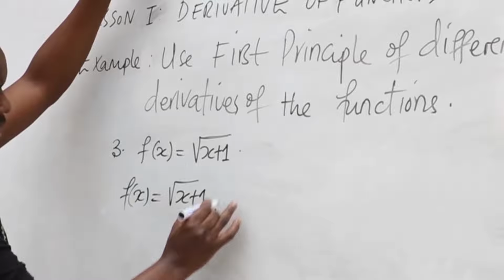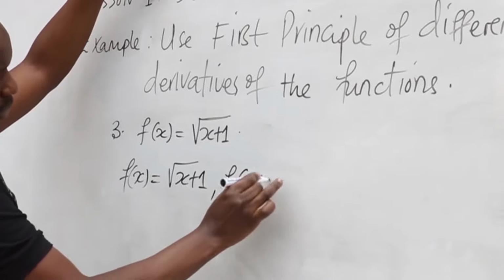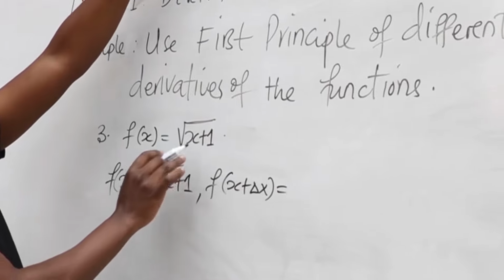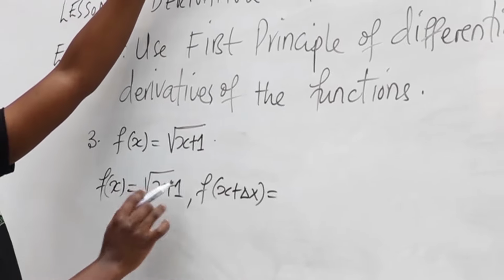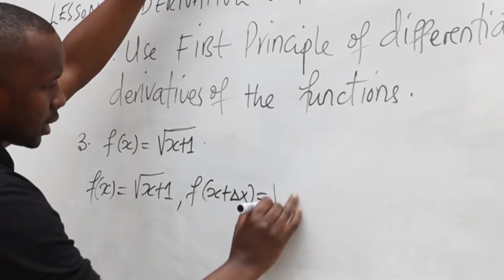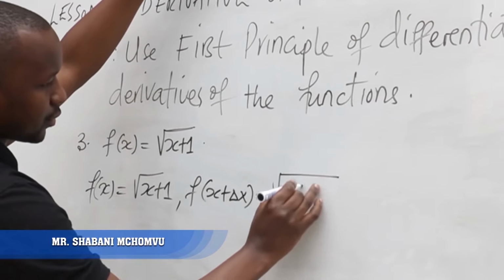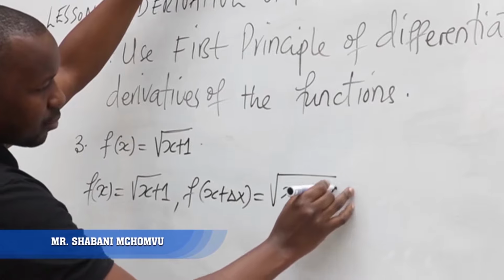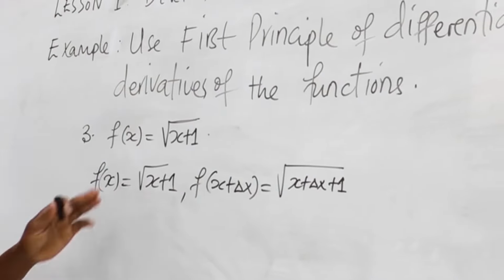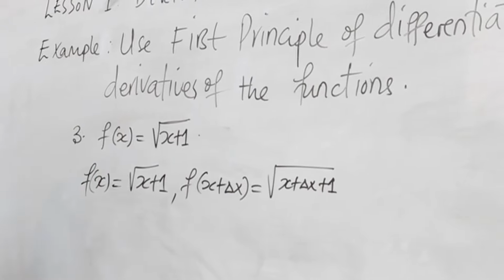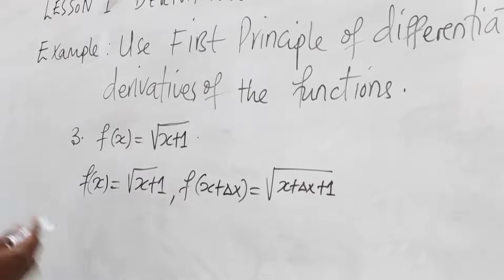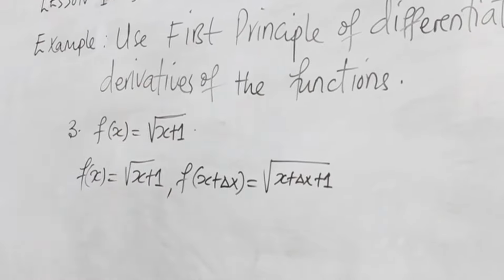And now f of x plus change in x is like so: the expression x plus 1, where x now we put x plus change in x. So it becomes the radical of x plus change in x, plus 1. So from there, how do we find the derivative of this function involving the radical? So we use the first principle as already guided.